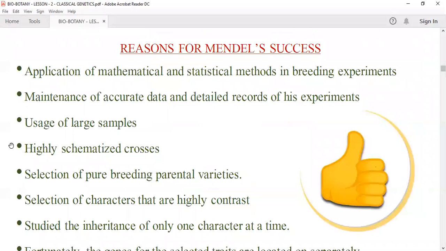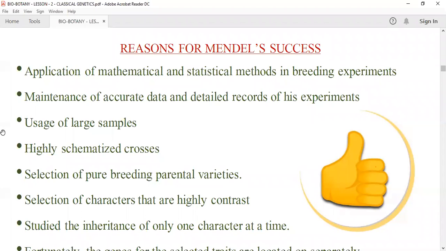The reasons for Mendel's success: why he was successful in his work. He was the first person doing research work in genetics. Being a mathematician, he applied mathematical and statistical data, and so he could get accurate results from the experiment, and he could use large samples also.